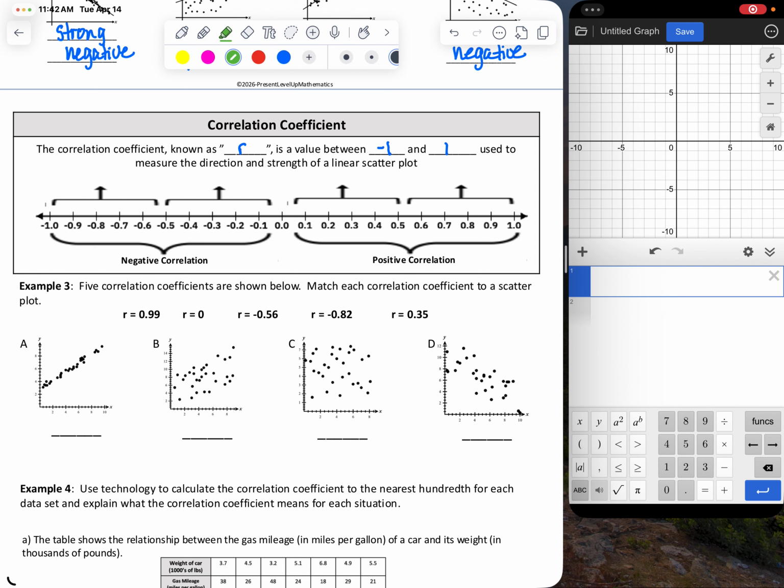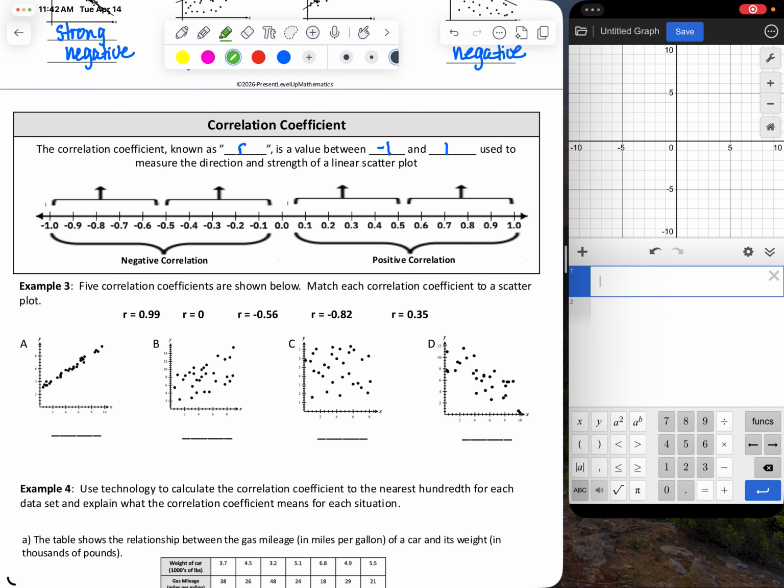So, for example, if your R value, your correlation coefficient, is 0, that would mean there's no relationship whatsoever between the variables.